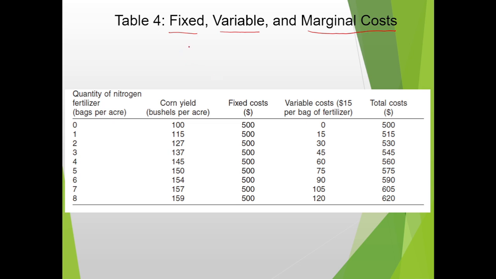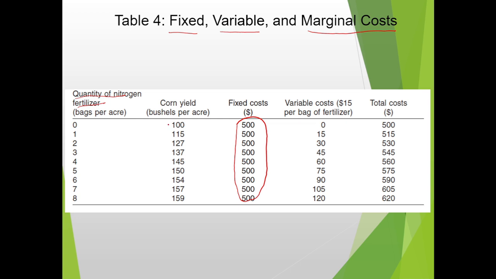Fixed cost, as the name suggests, doesn't matter how much quantity of nitrogen fertilizer you use, the cost which will not change is the fixed cost, right? So this is your fixed cost. As you can see, it is constant throughout, $500, right?